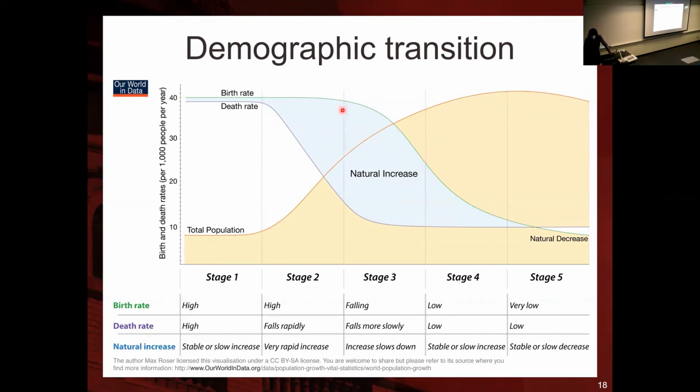And then as fertility starts to fall and death rates are already kind of low, the population starts to increase a little slower and tends to be more stable in the coming decades. And afterwards, the very low levels of fertility and mortality make the natural increase either stable or even negative over time.